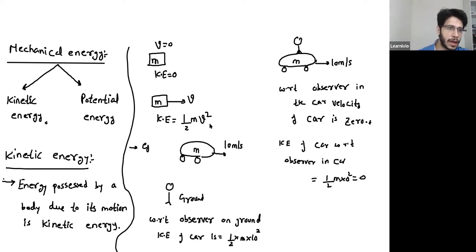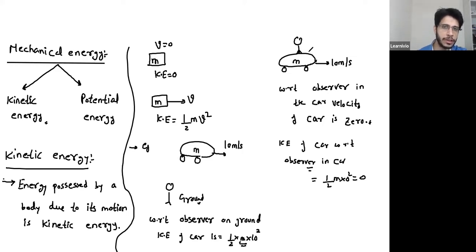So this car will have some kinetic energy with respect to an observer on the ground, and the kinetic energy of the car is zero with respect to an observer who is sitting in the car. So the kinetic energy depends upon the frame of reference, meaning it depends upon the place with respect to which you measure the velocity of the car. If your observer is on the ground, then kinetic energy is non-zero.